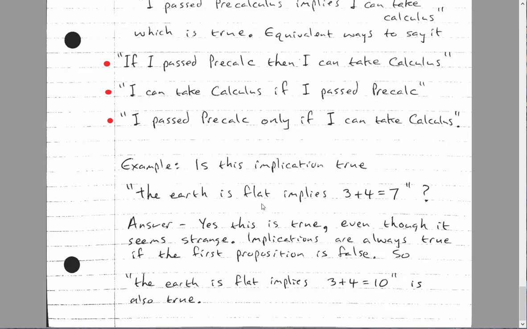So if we look at these two propositions, the Earth is flat, that's false. 3 plus 4 equals 7 is true. So the answer is yes, this is a true implication, even though it certainly seems strange, but if the first proposition is false, then the implication is automatically true.